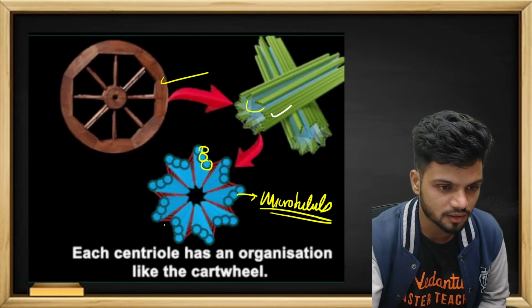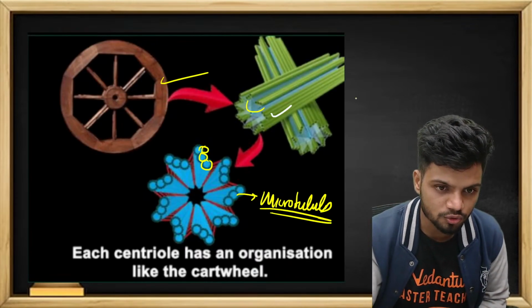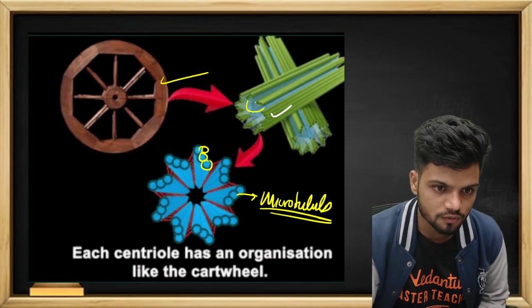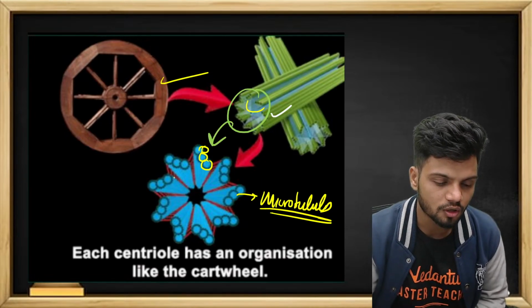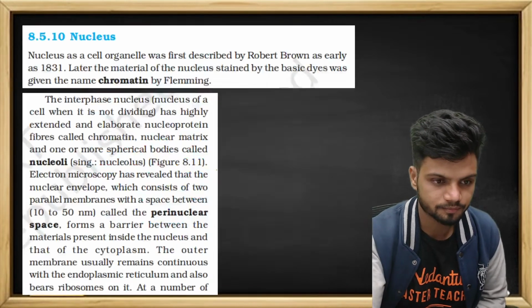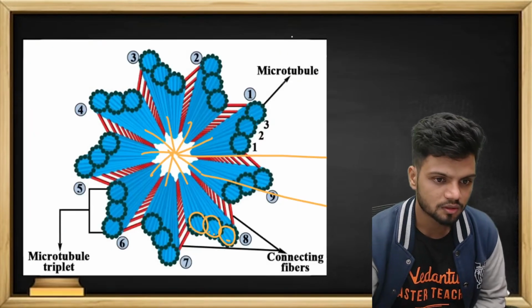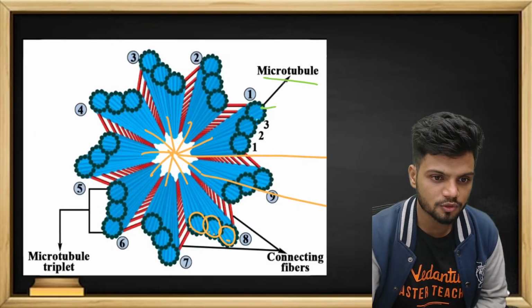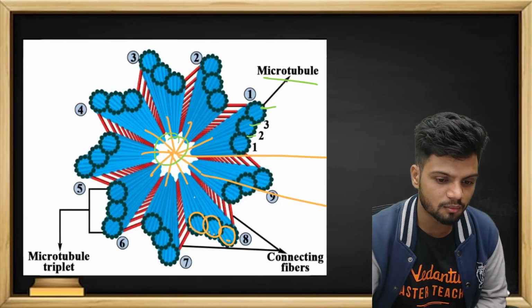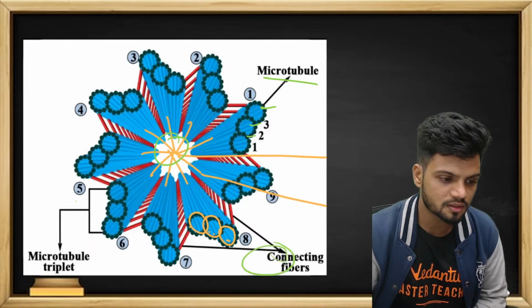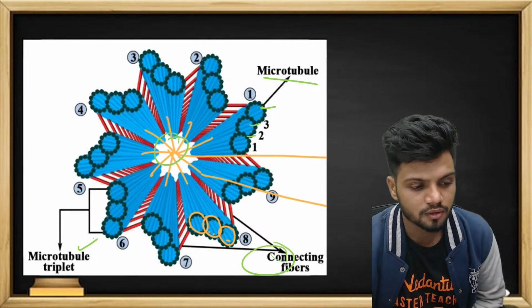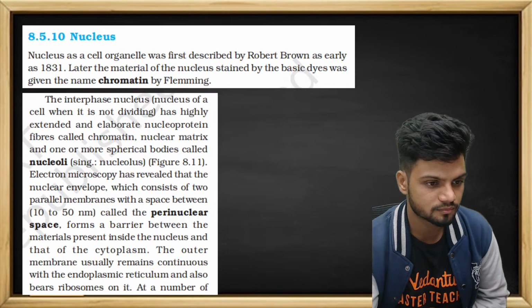This structure right here is one centriole, students. There are two centrioles. If you look at one from the top, you will see something like this. It has peripheral microtubules, triplets, a proteinaceous hub, and linkers, and triplets of microtubules are present.